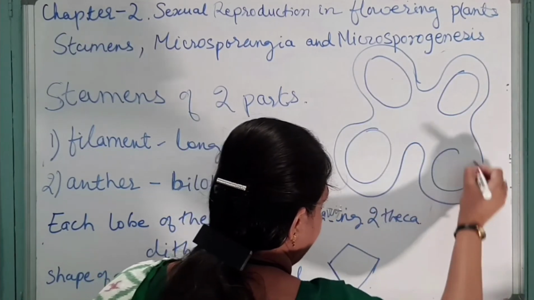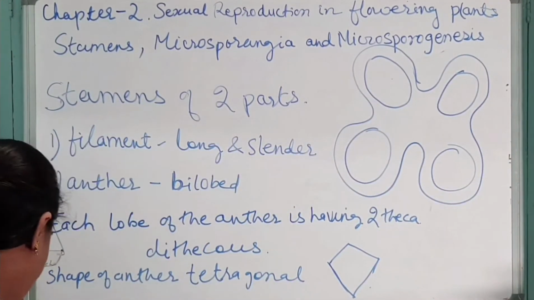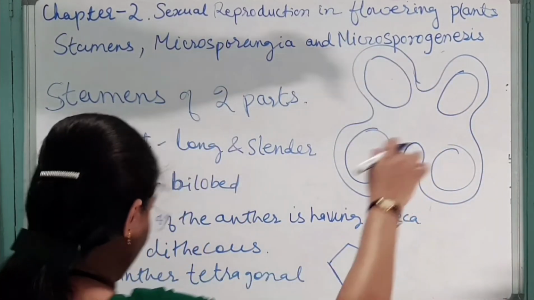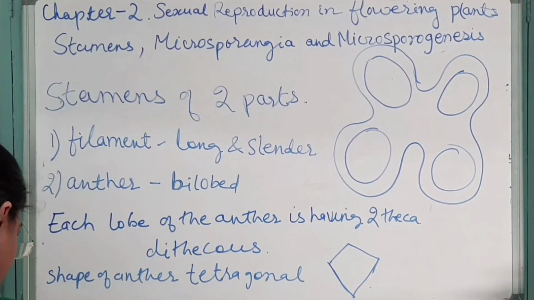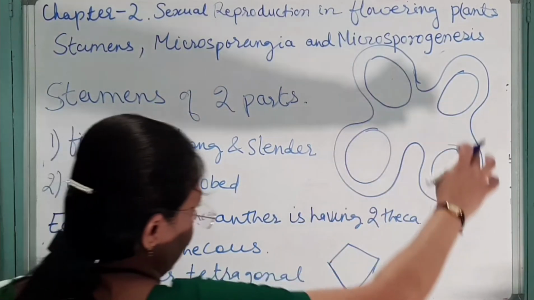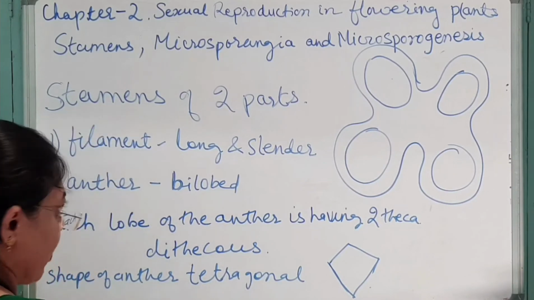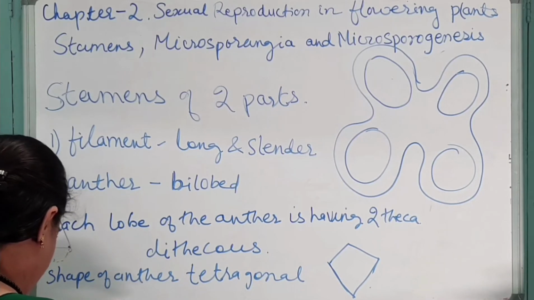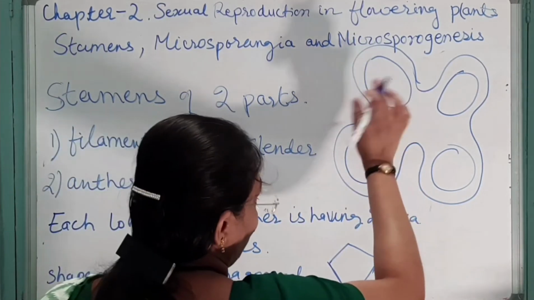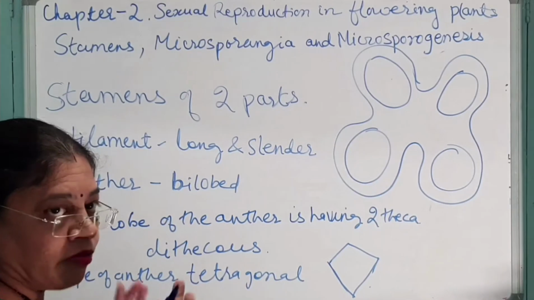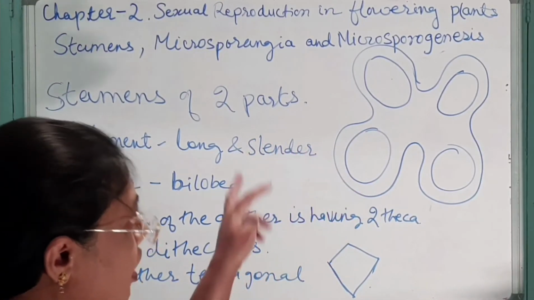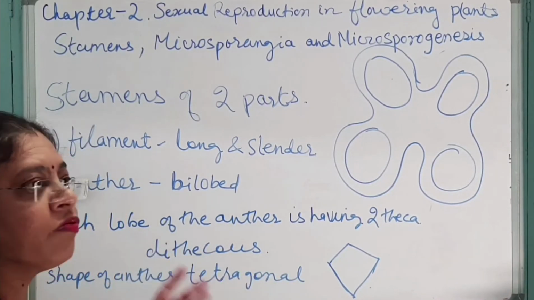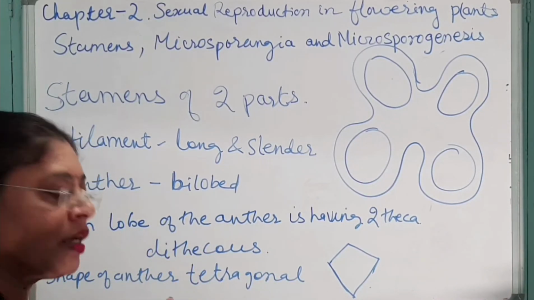You can see 1, 2, 3, 4 microsporangia are present on the four corners of the anther, or you can say on the four corners of each lobe. And these microsporangia later on become pollen sacs. When the anther gets mature, these microsporangia get converted into pollen sacs, which then bear pollen grains.